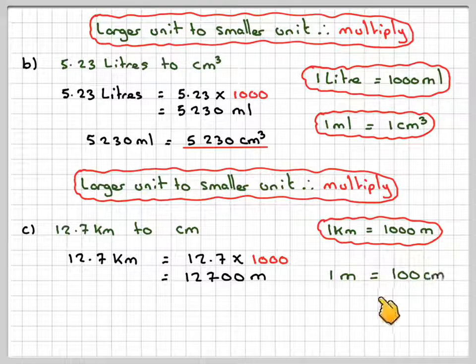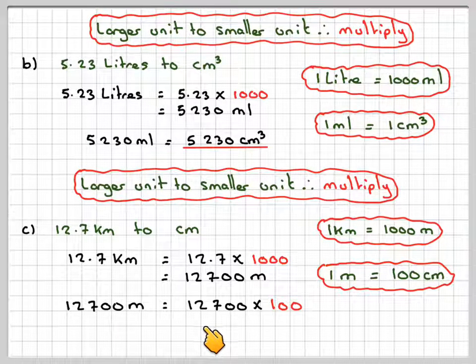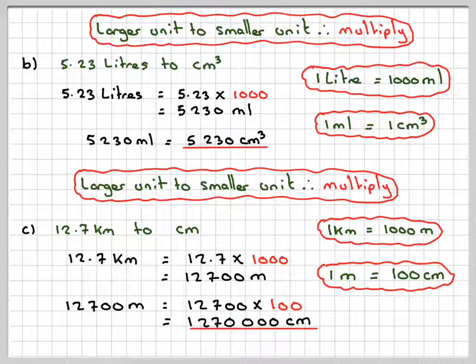And then going from metres to centimetres, we need to multiply by 100. So we've got 12,700 metres will be 12,700 times 100. So that means we'll need to add on 2 more zeros to that. So we've got 1,270,000 centimetres.